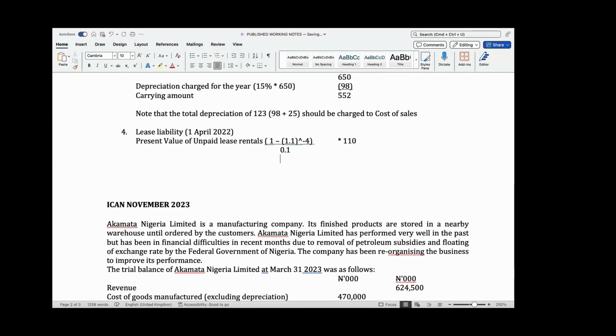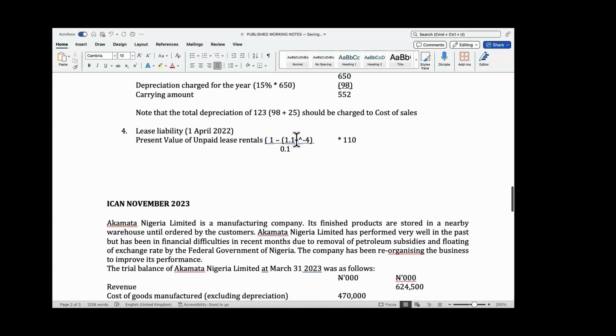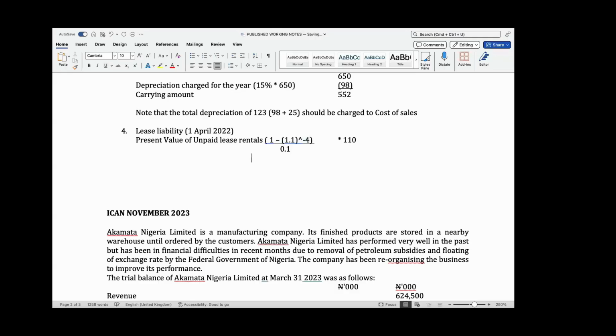So if you punch your calculator, start with 1.1 raised to power minus 4, click equals, then do 1 minus the answer, click equals, divided by 0.1. What does that annuity factor give you? 3.17.